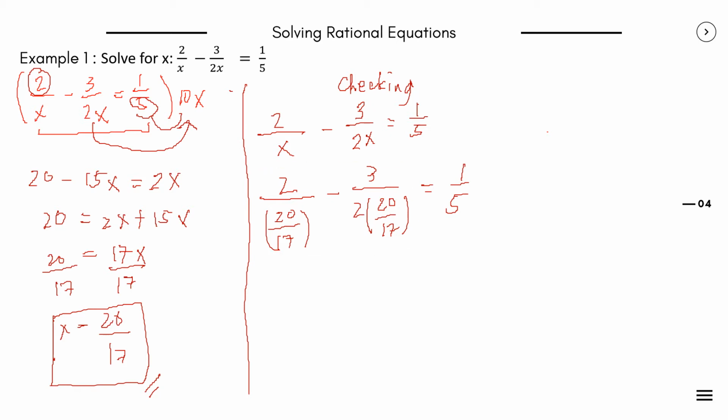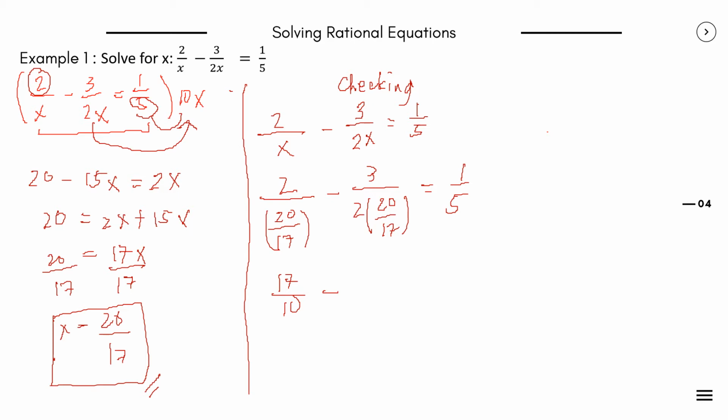Okay, so, ano nga ba yung equivalent? Paano natin siya i-simplify? So, that means what we do is, i-divide nyo muna kada fraction. You can use calculator para hindi kayo mahirapan. So, 2 over 20 over 17, pag simplify natin yan, will be 17 over 10.